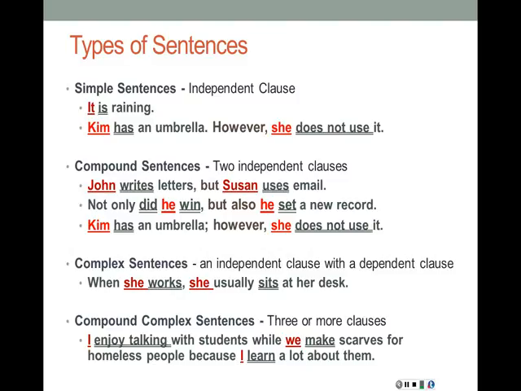If you overuse compound complex sentences, your writing will sound wordy and too long-winded. Sentence variety is important. You shouldn't have more than 2 of these compound complex sentences in a paragraph because they are really long and a lot of information.